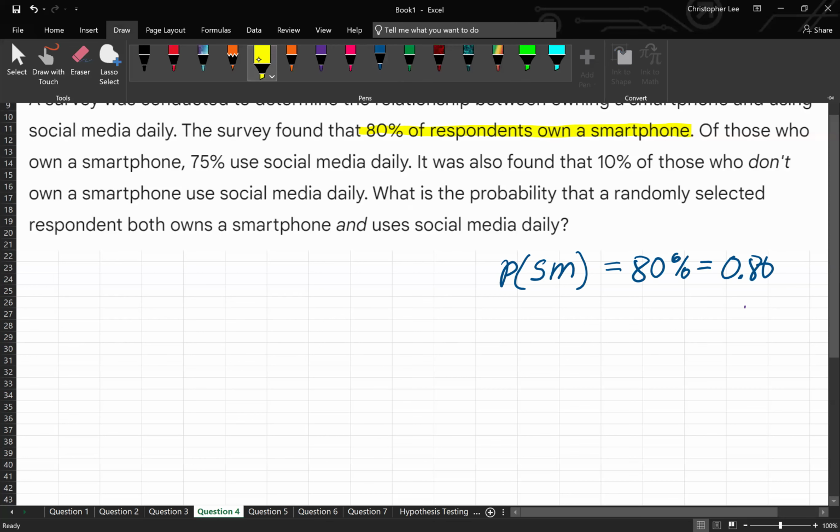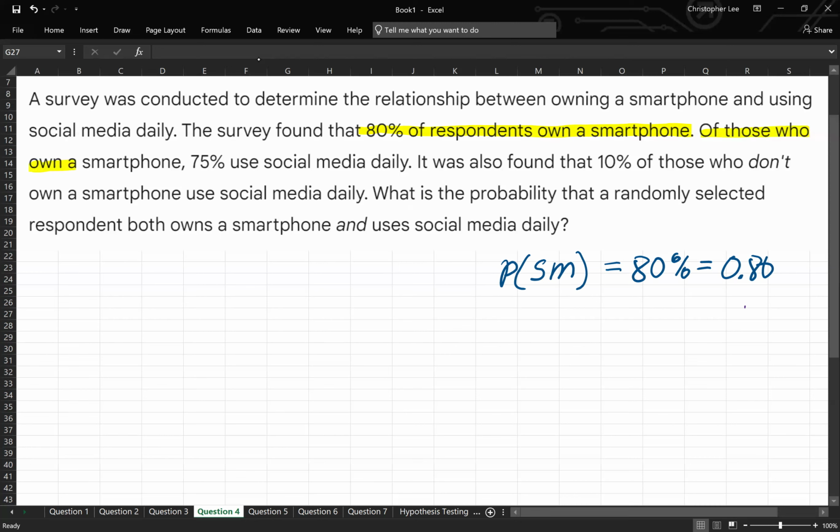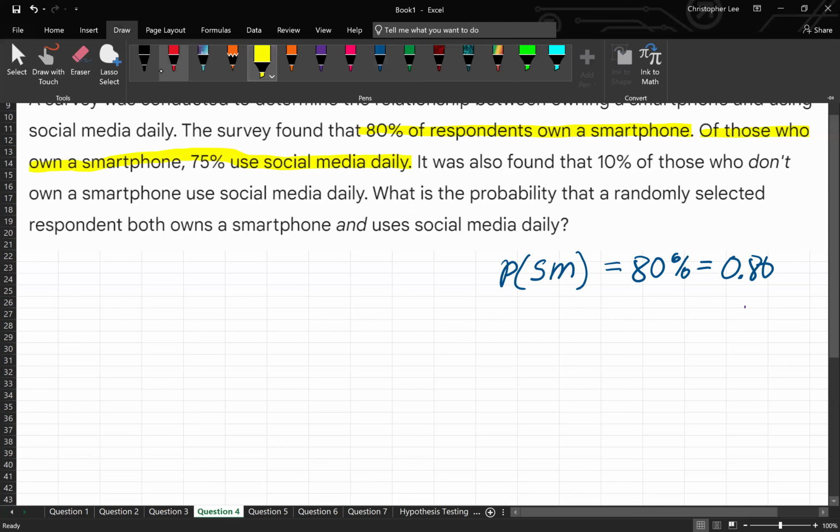Let me get my highlighter. Of those who own a smartphone, 75% use social media daily. So go back to my blue.